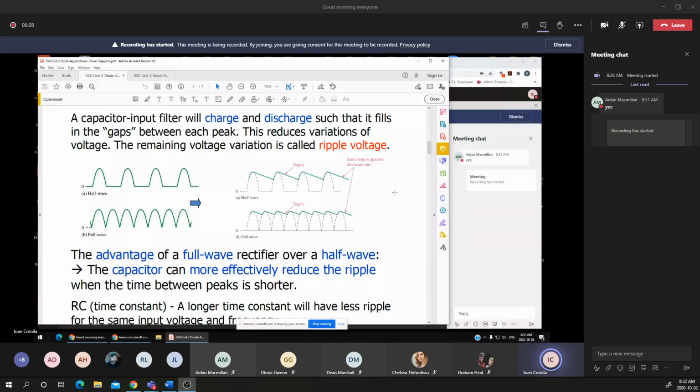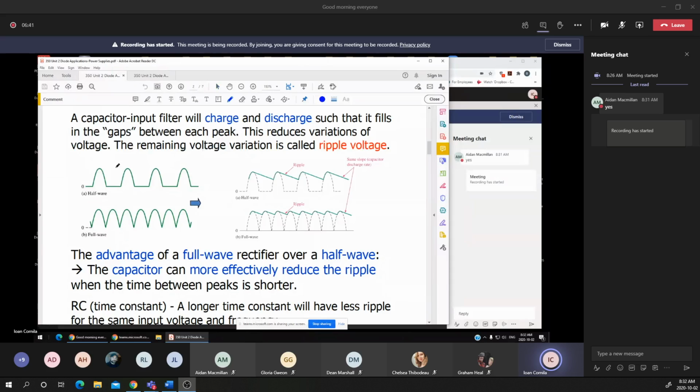Now, before I start the last lecture on diodes and semiconductors, diodes and diodes applications, I'll have a look at this diagram. This is what we accomplished up to this point. We determined that we can have the half-wave rectifier or the full-wave rectifier.